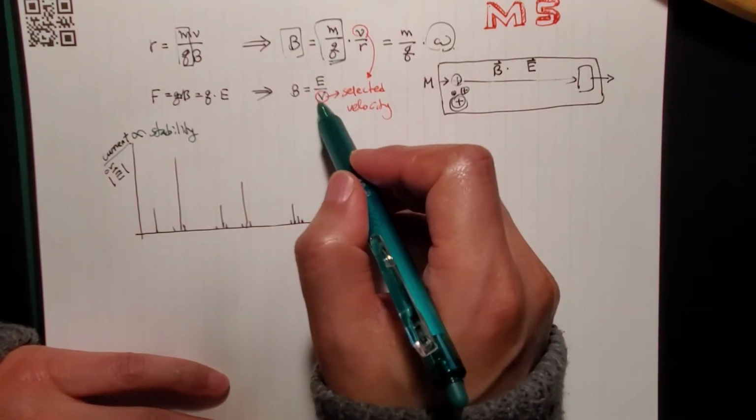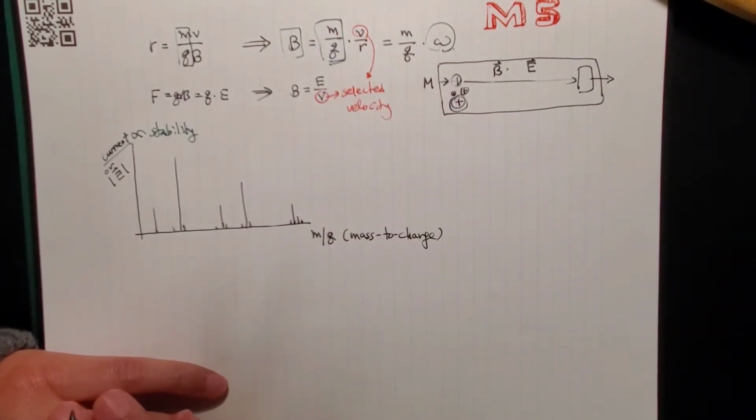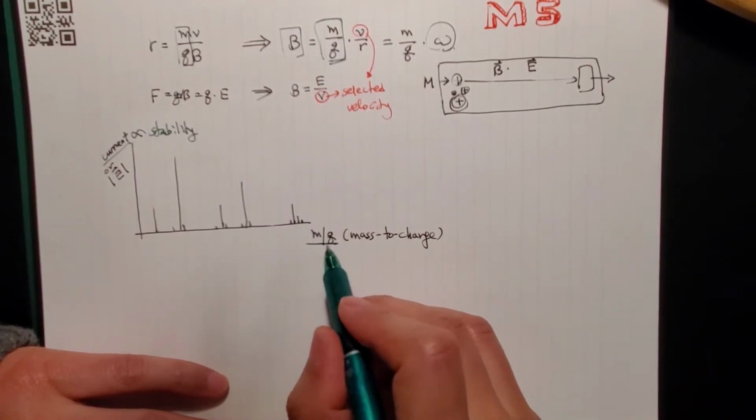But in this relationship, you can see that changing the electric field can also allow you to measure the mass to charge ratio. So whatever method you are using, we are getting a spectrum in this manner.